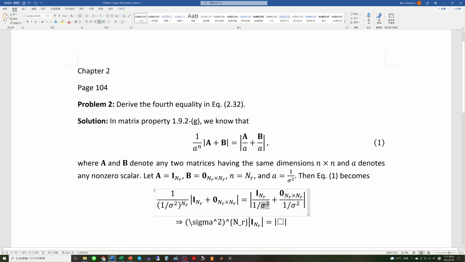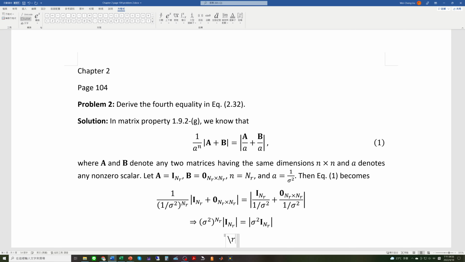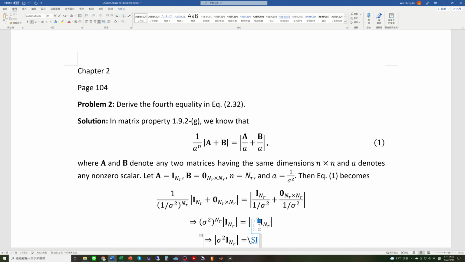And this implies that the determinant of sigma square times I_nr is equal to sigma to the power of 2nr times the determinant of I_nr.